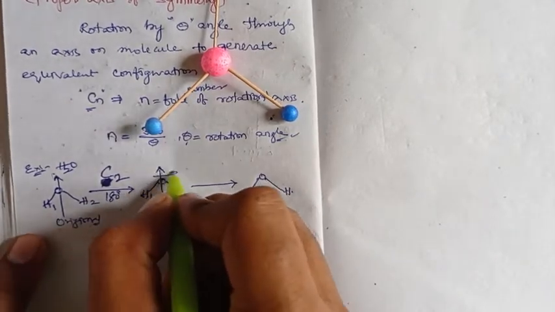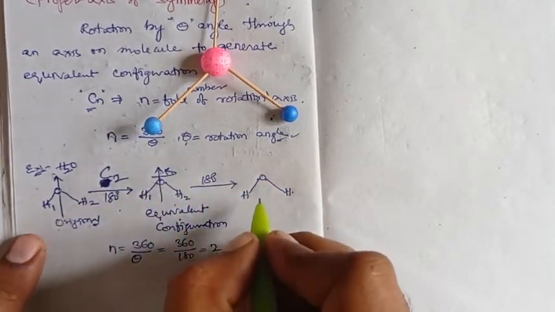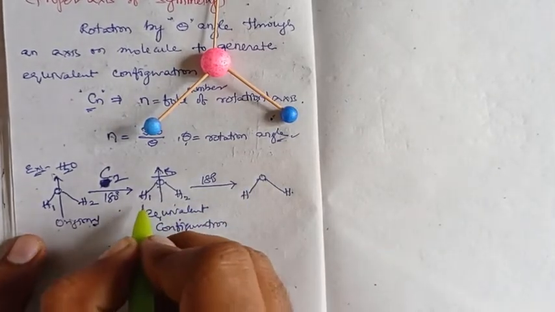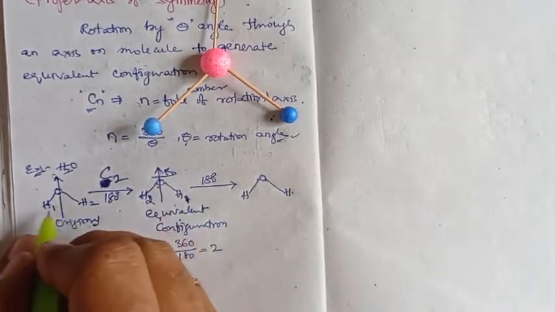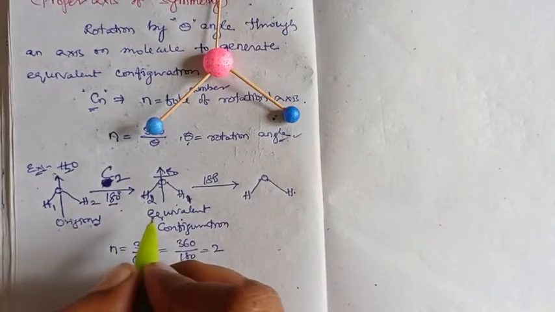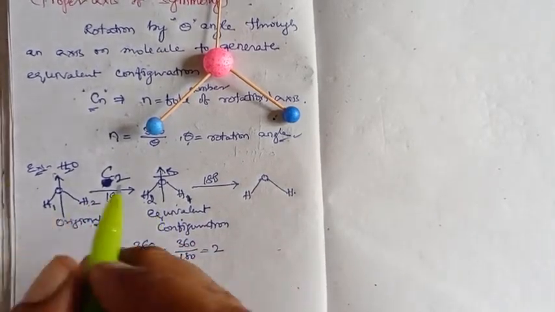When we repeat it one more time, let us see what configuration we get. The oxygen position will be the same; here H2, here H1. The hydrogen positions get exchanged when we do the 180 degrees of rotation. H1 gets the H2 position, and H2 gets the H1 position.